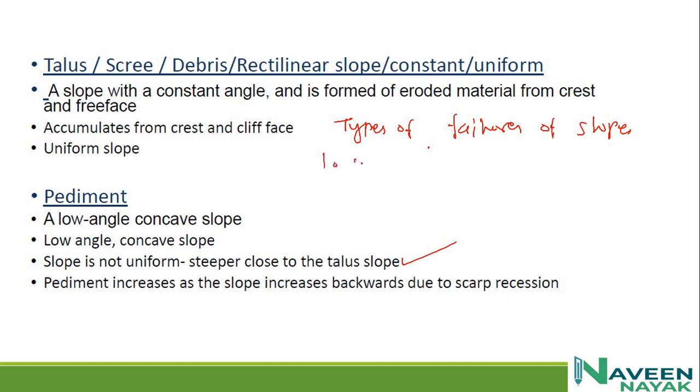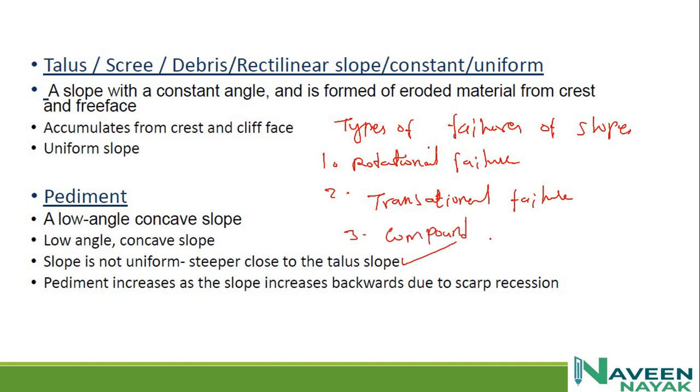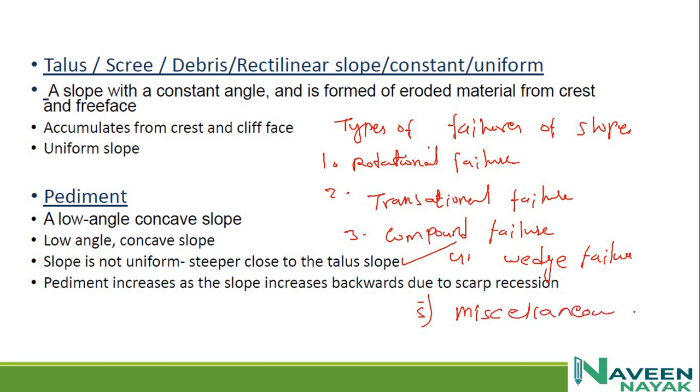There are rotational failure, second one translational failure, third one is compound failure, fourth wedge failure, fifth one is miscellaneous failure. And these are the types of failures of slopes.